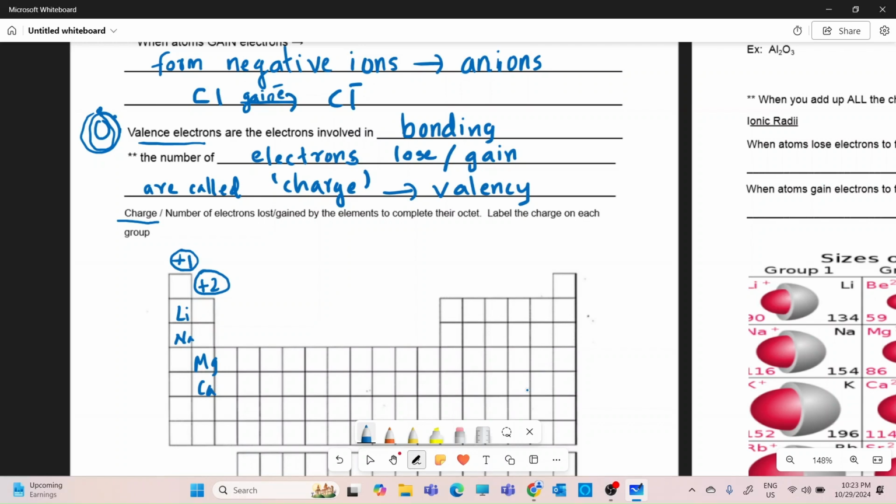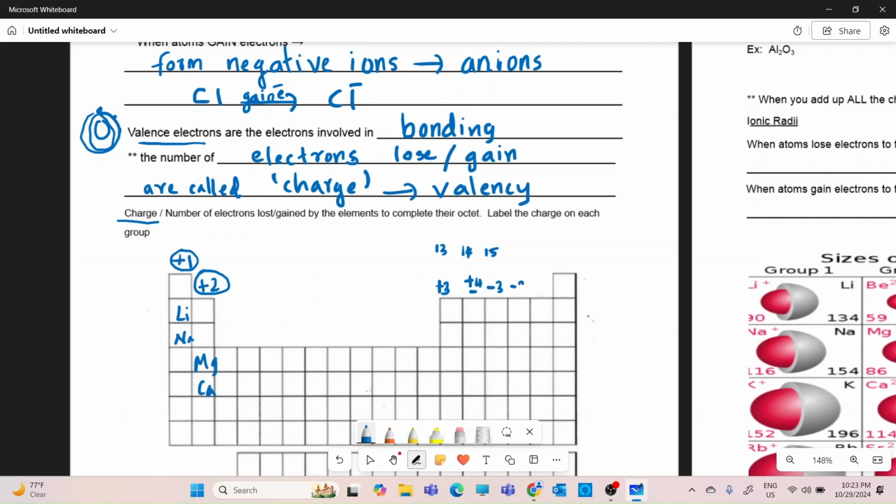Group 13, this one here, will have 3 electrons in their valence shell, so they will lose 3. The charge will be +3. Group 14 sometimes loses electrons, sometimes gains electrons, so they may show plus or minus 4. Group 15 will gain 3 electrons because they already have 5 electrons and need only 3 more to complete their octet.